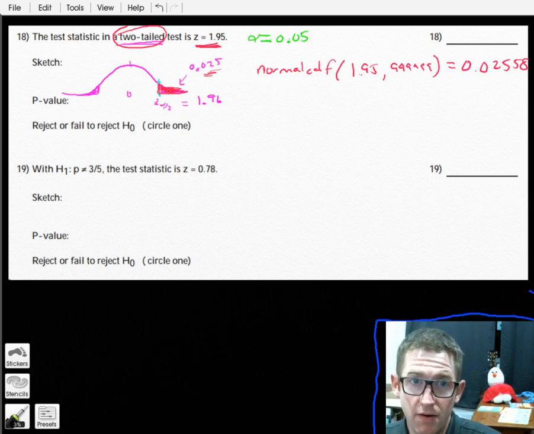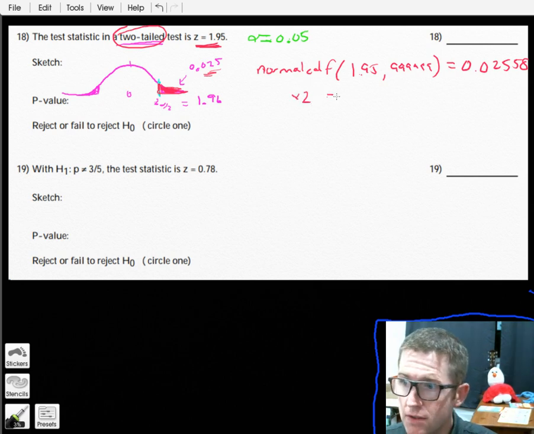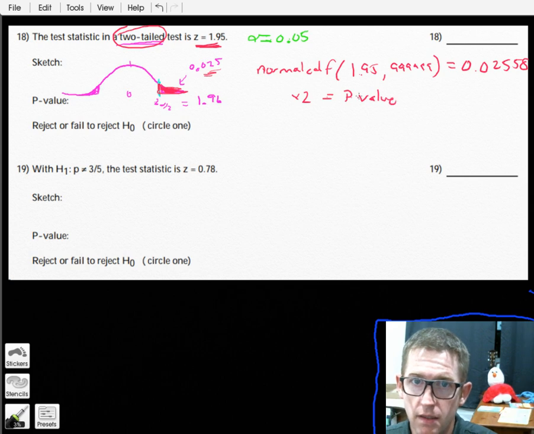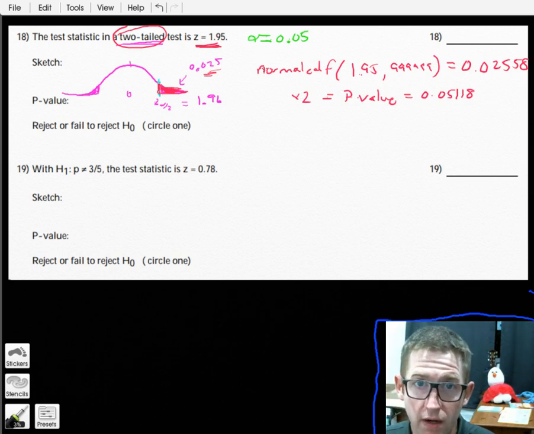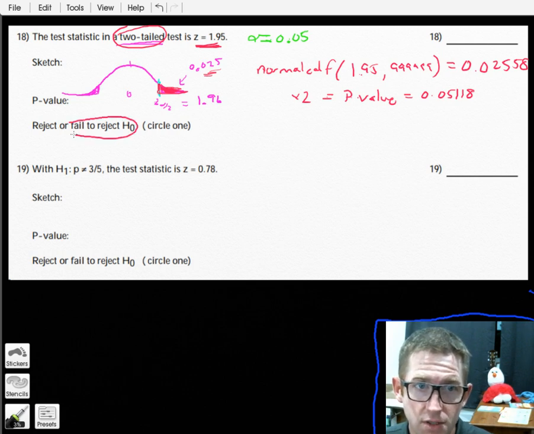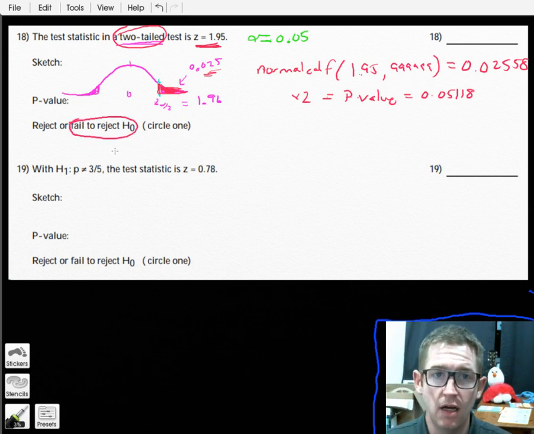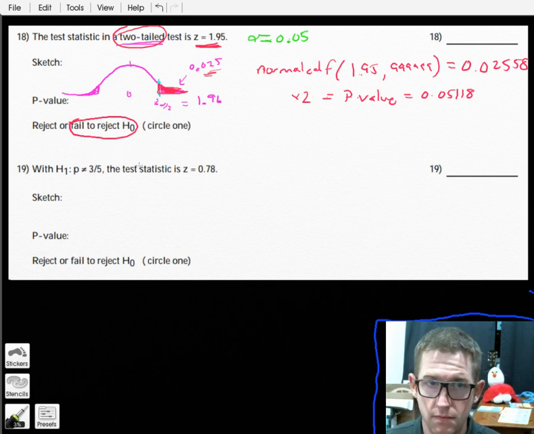But that's for the area here, so we multiply this by 2. So the p-value is going to be about 0.05118. Then we compare this p-value to the significance level, and we see that it's greater than. So since the p-value is greater than the significance level, we're going to fail to reject the null hypothesis for number 18.